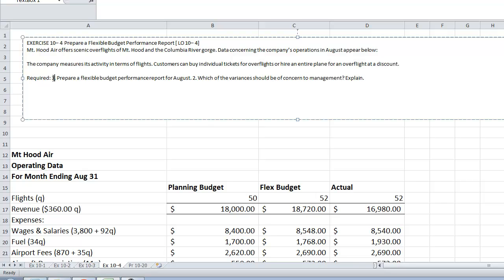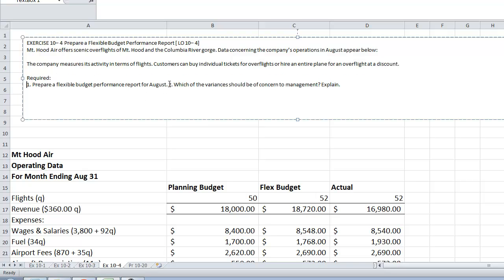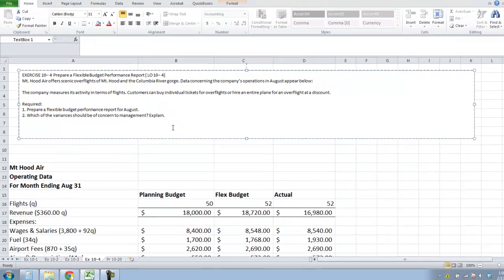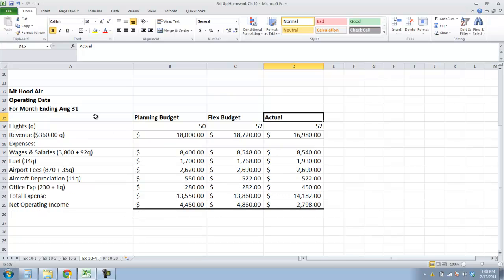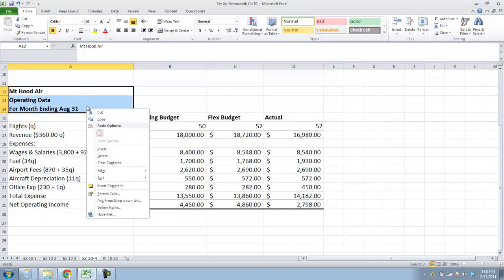Okay. What are the variances and should management be concerned? Alright, so this is the information they gave us. They gave us a planning budget, they gave us a flex budget, and they gave us actual. So here we go.